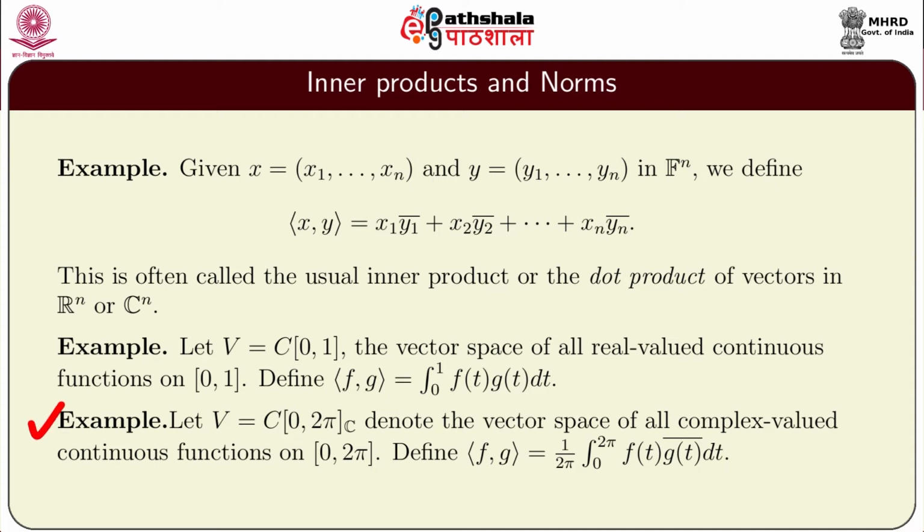The third example says that V is C[0, 2pi], the vector space of all complex valued continuous functions on the closed and bounded interval 0, 2 pi. Here again we can define an inner product. Given complex valued continuous functions f and g defined on 0 to 2 pi, we define the inner product of f and g to be 1 over 2 pi times the integral from 0 to 2 pi of f(t) g(t) bar dt.